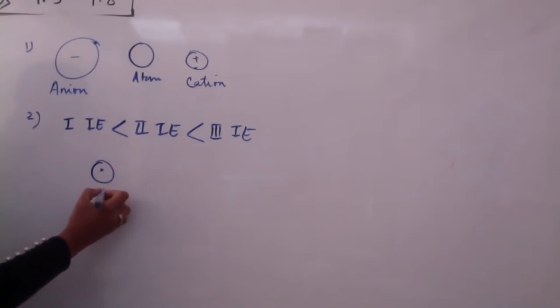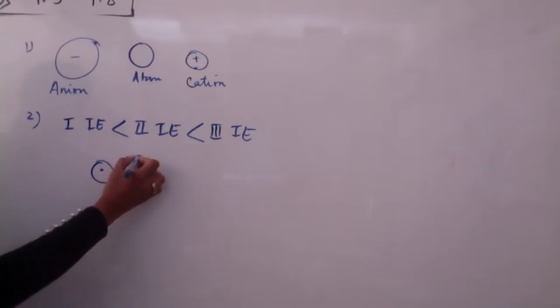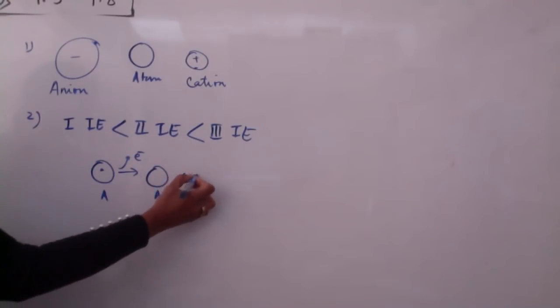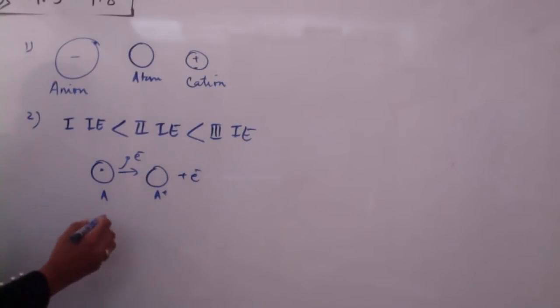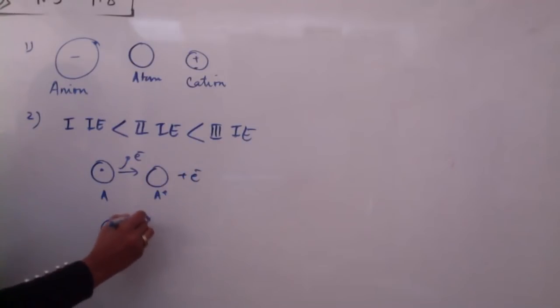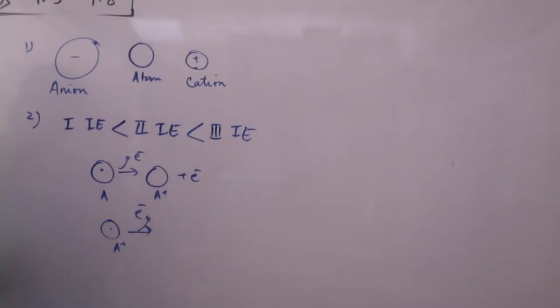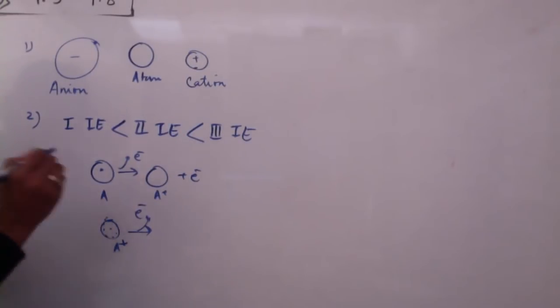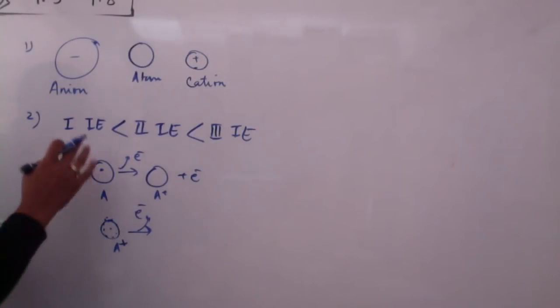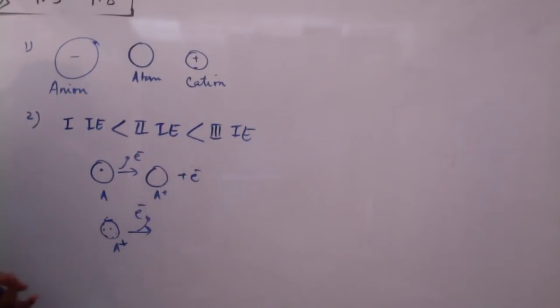If you think, you're removing an electron from a neutral atom and making it into a cation, now from this cation, if you try and remove another electron, remember opposites attract. So if it already has a positive charge, it will hold on to its electron a little bit tighter, either because it has the same protons and one less electron or increased effective nuclear charge. So always remember ionization energy increases as you go from one to the other.